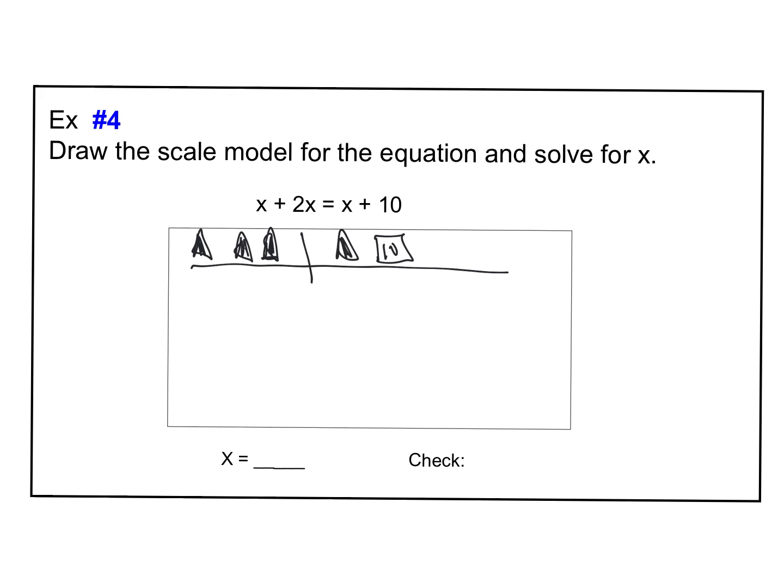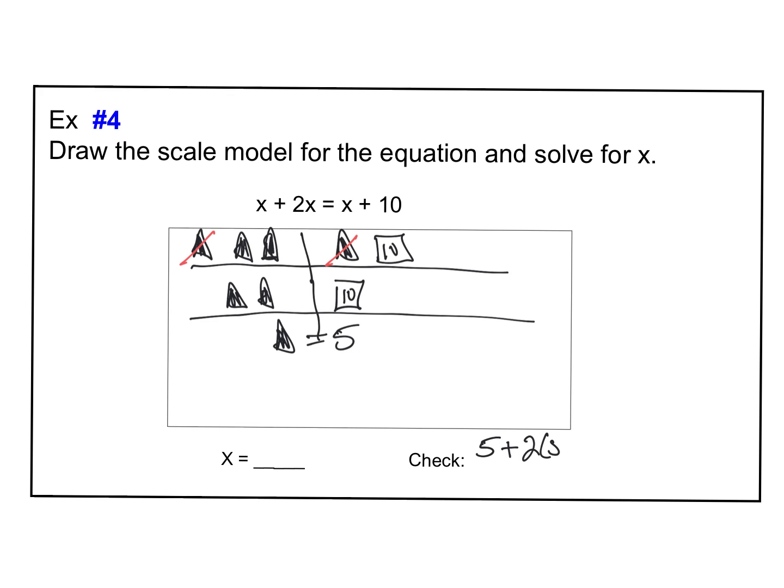This time I can only remove 1 triangle from each side. So now I have 2 triangles balanced with 10. So my triangle will equal 5. Because 10 split into 2 equal groups would be 5 for each.